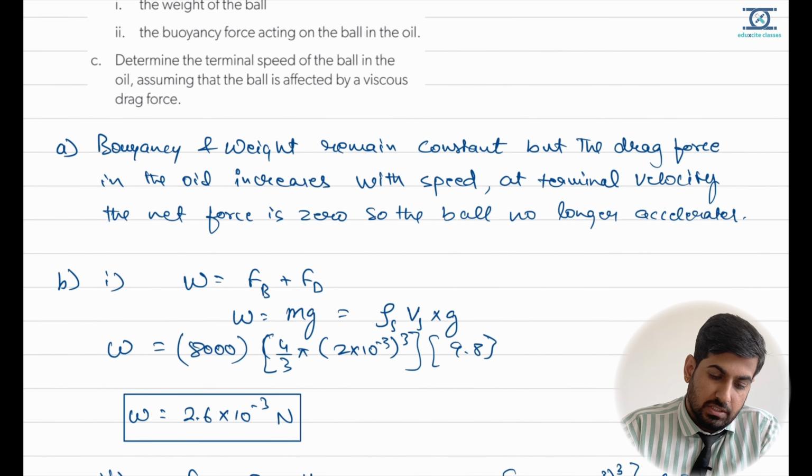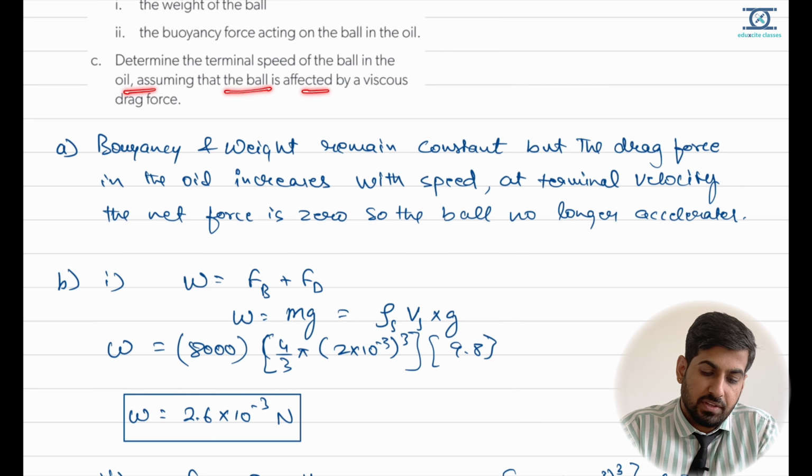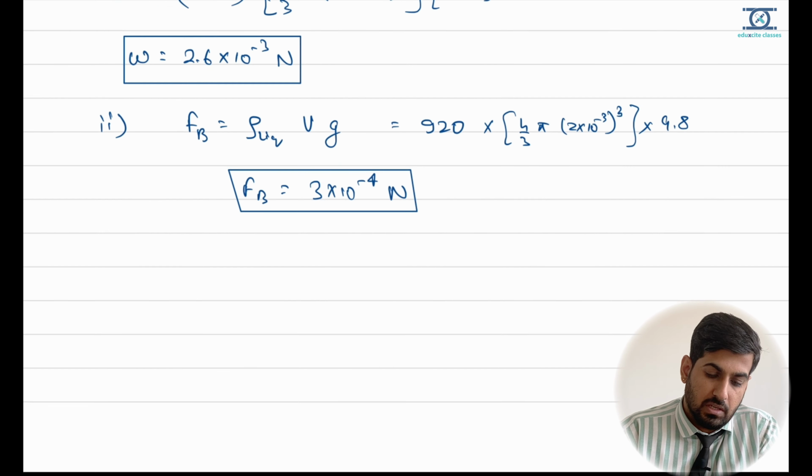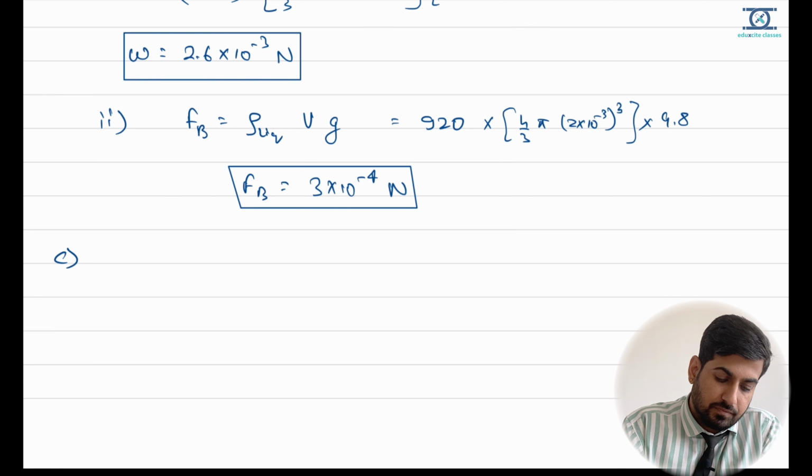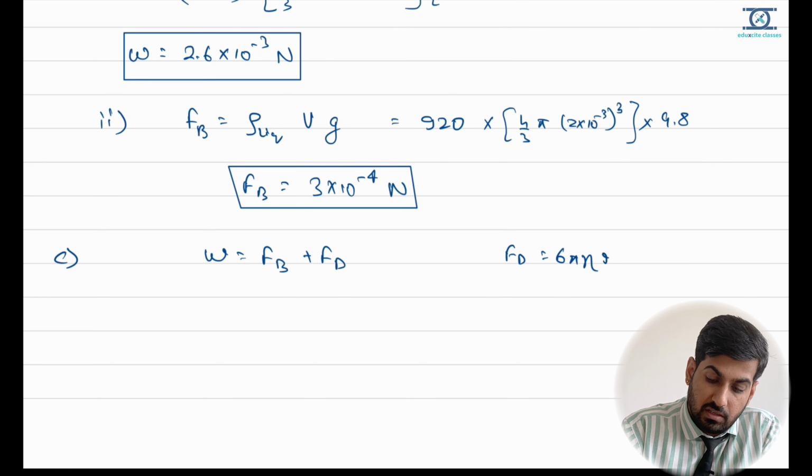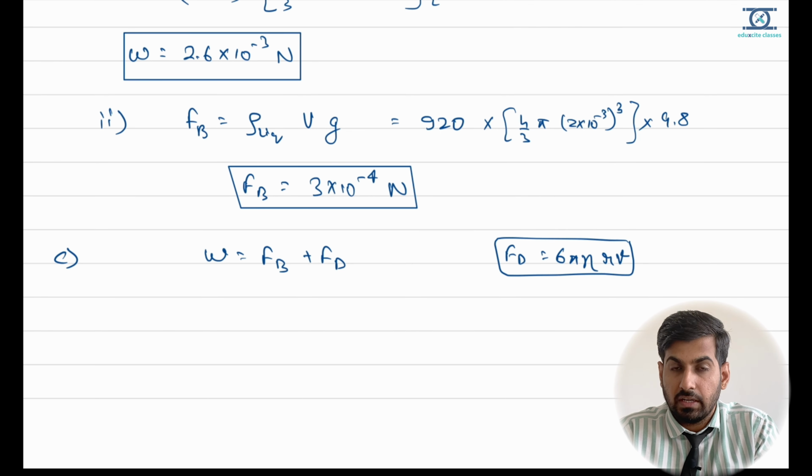And now determine the terminal speed of the ball in the oil. Assume the ball is affected by a viscous drag force. Now here we will use this equation: weight is equal to F_B plus F_D, and F_D is nothing but 6 pi eta r V, where V is the terminal speed. This formula is given in your data booklet, guys.